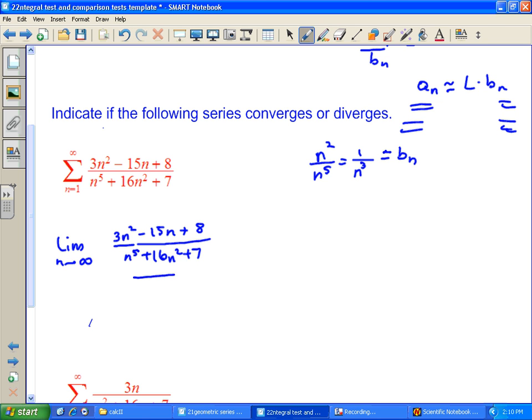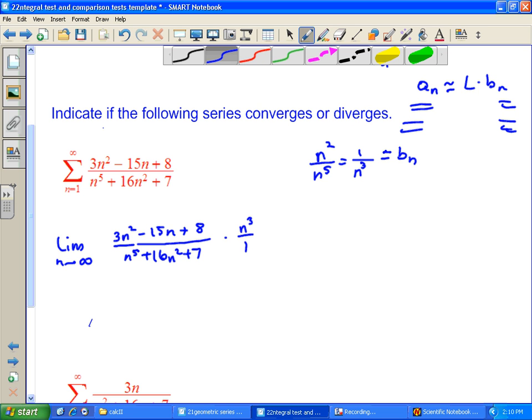Technically, I should be dividing this by 1 over n cubed, but what is that equivalent to? It's multiplying it by what? If I'm dividing it by 1 over n cubed, I should be multiplying it by n cubed over 1, exactly.